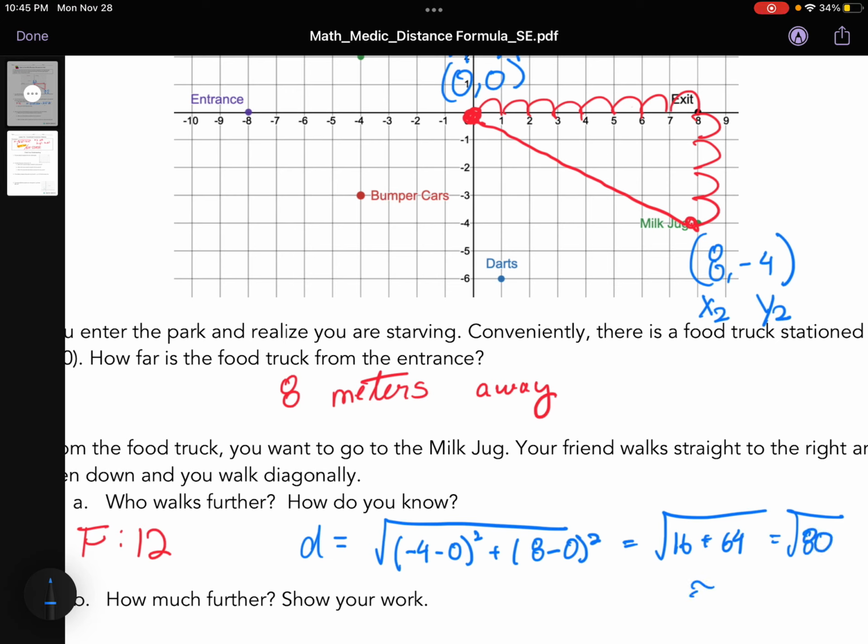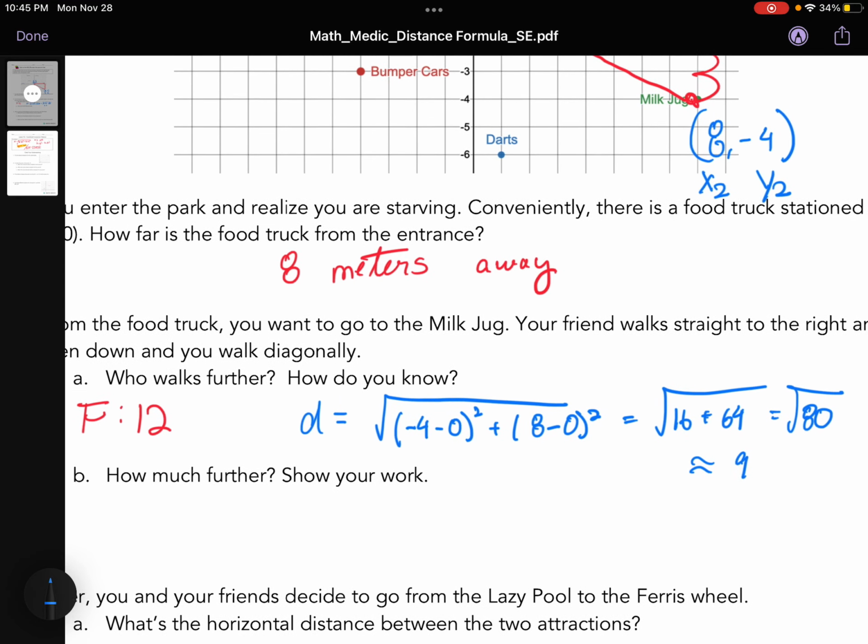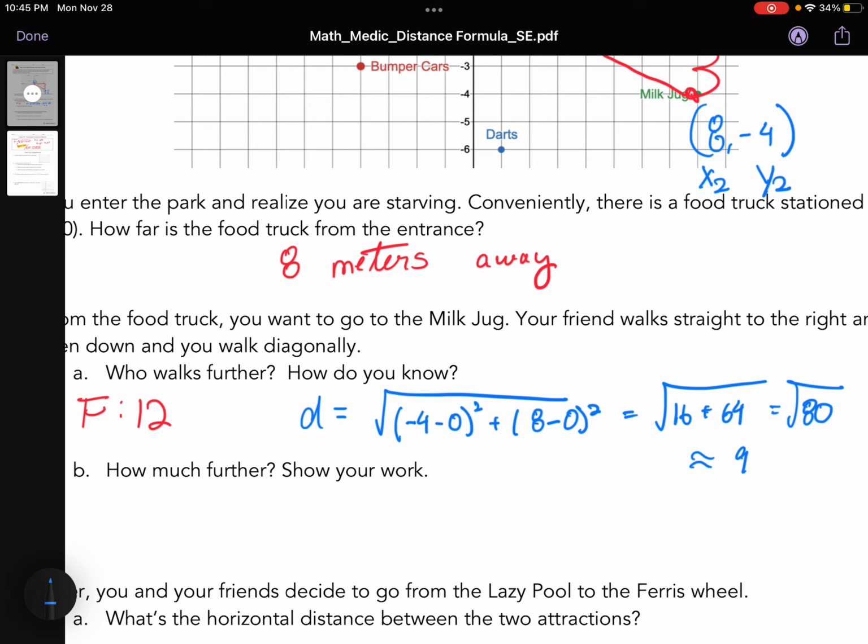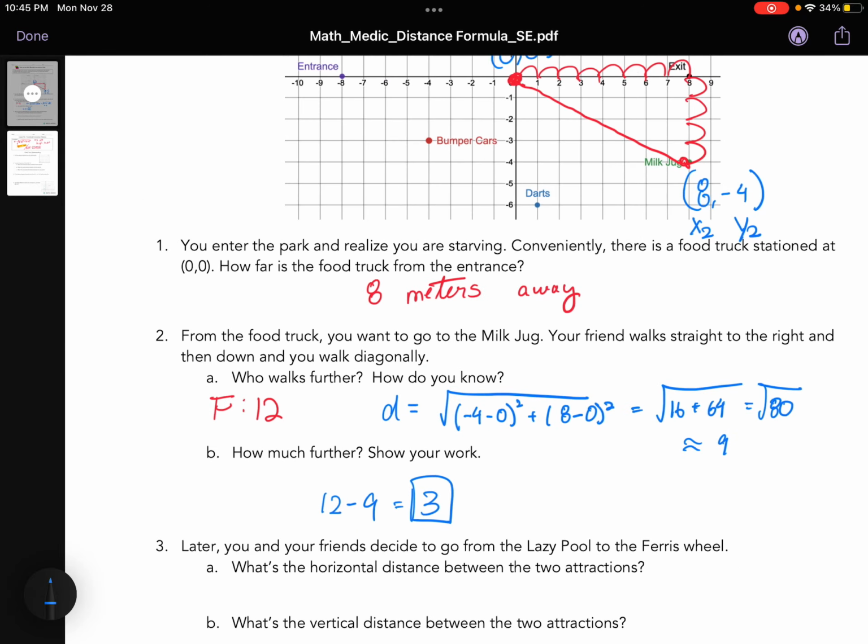This is approximately 9 if you put that in the calculator. So who walked further? Your friends. How much further? Well, you have to just do 12 minus 9. Let's say 3. Boom. That's how you use the distance formula.